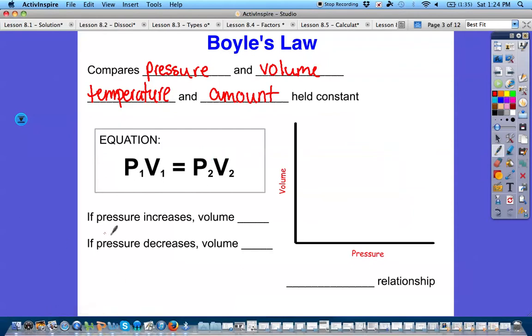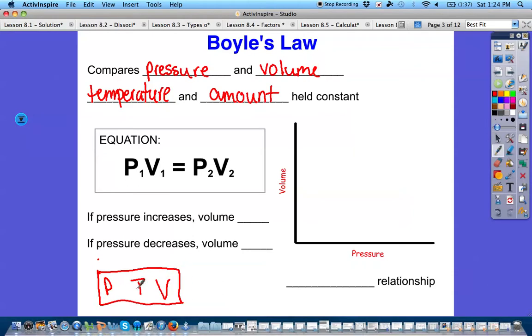So if you were in class when we made the PTV card, you can also use those for these laws as well. The equation for Boyle's law is P1 times V1 equals P2 times V2.